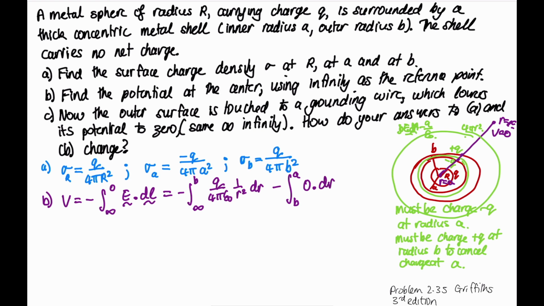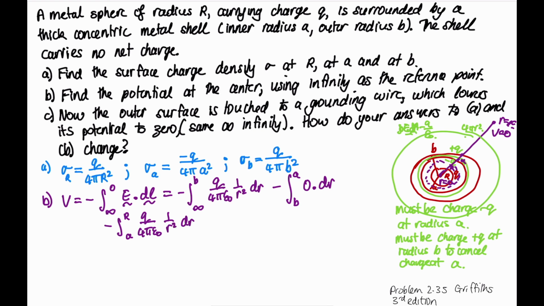And then we'll want to go from a to capital R. So this will be minus the integral from a to R, and we've got another Gaussian surface here, which also has an enclosed charge Q. So the expression for the electric field is actually the same as above.